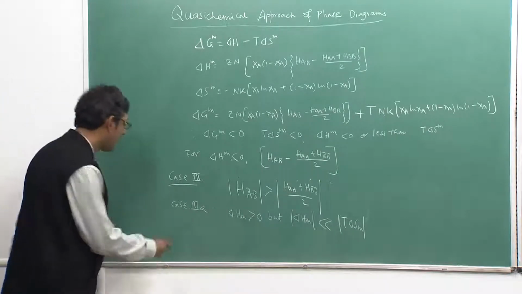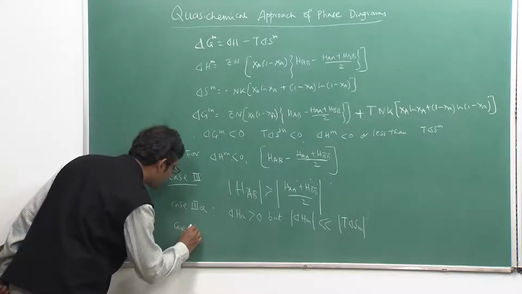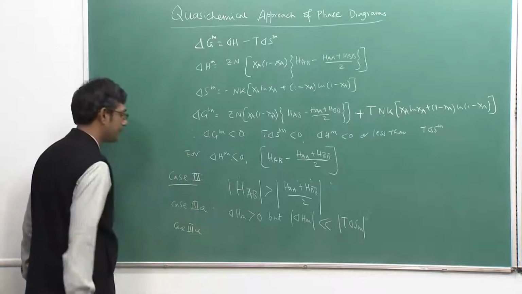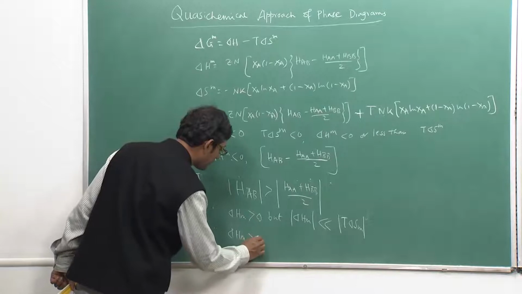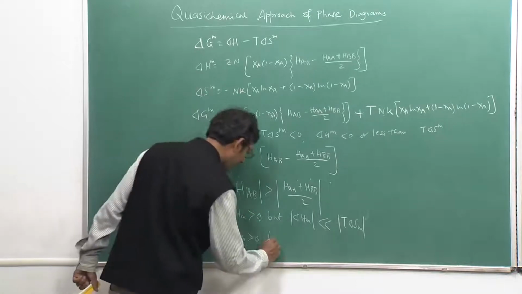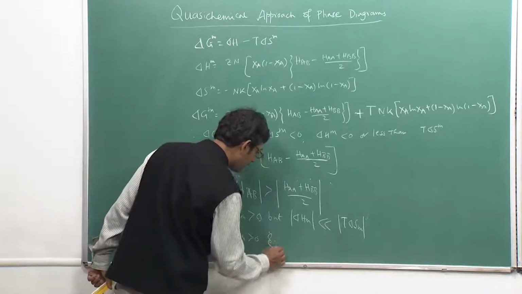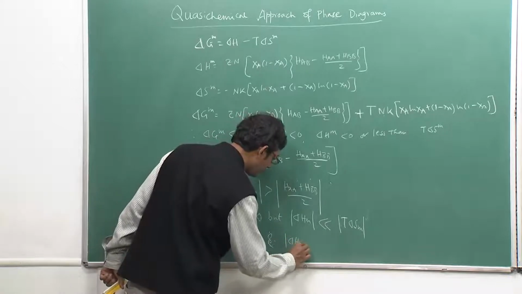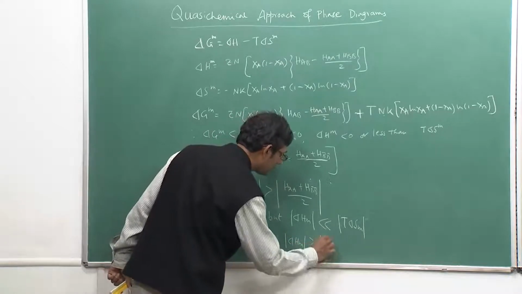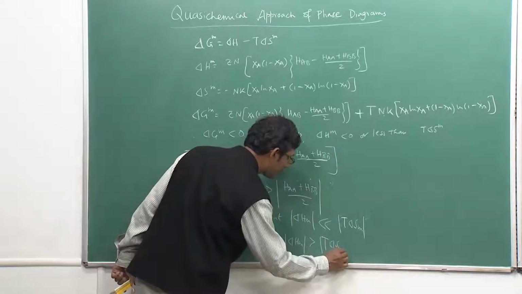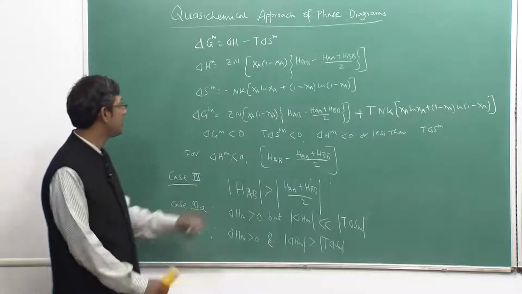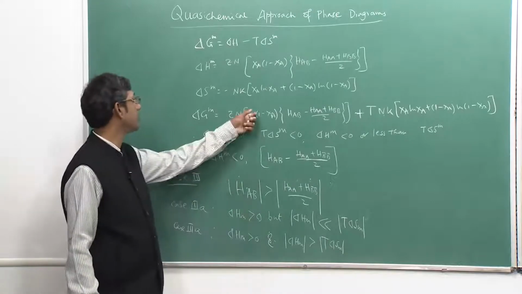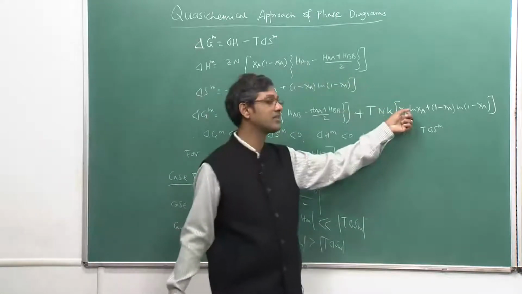But in case 3b, if delta Hm is positive and this value is higher than T delta Sm, then delta Gm will be positive, because this is positive and its value is much higher than this.